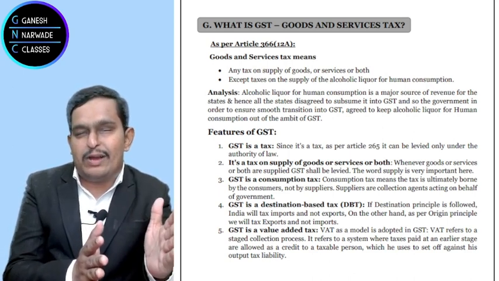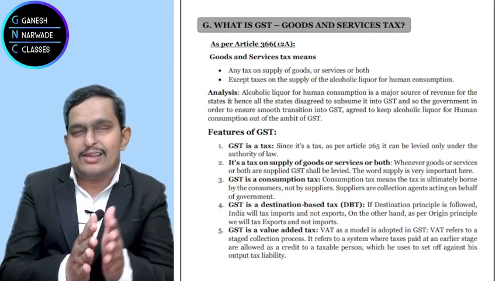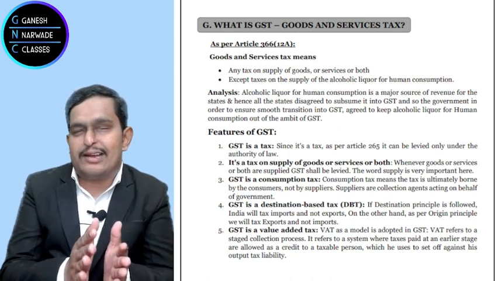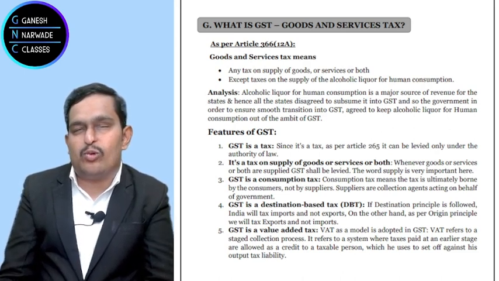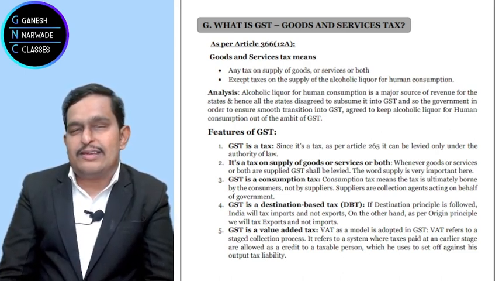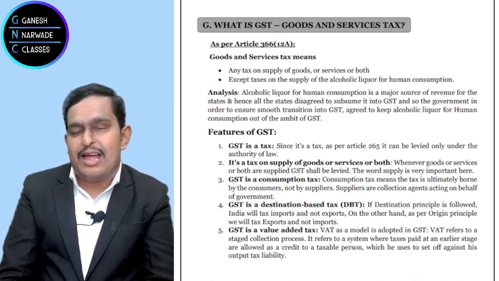One is origin principle, the other is destination principle. Now what do you understand by the word origin principle? That means the seller state can collect the tax. And what is destination principle? The buyer state can collect the tax.